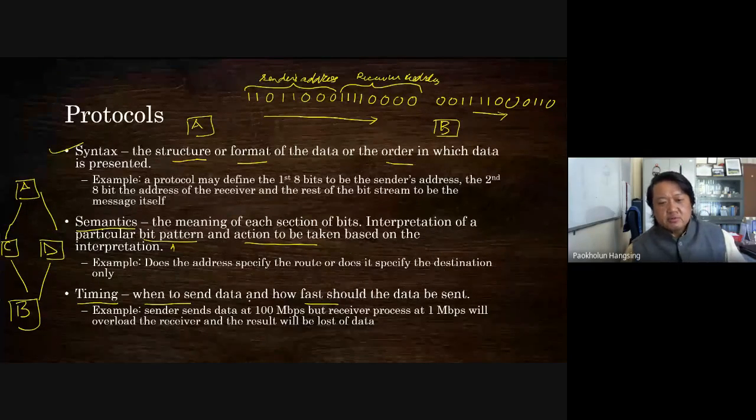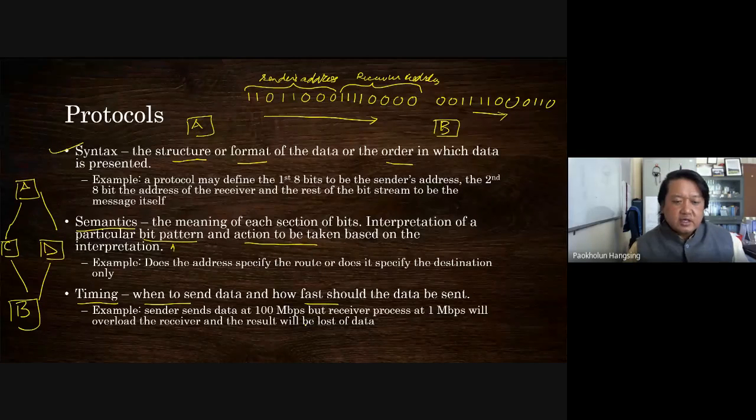For example, there could be a problem that the sender A is sending data at a speed of 100 Mbps, but the receiver processes only at 1 Mbps. So the receiver will be drowning in the data. That means there will be data overload.